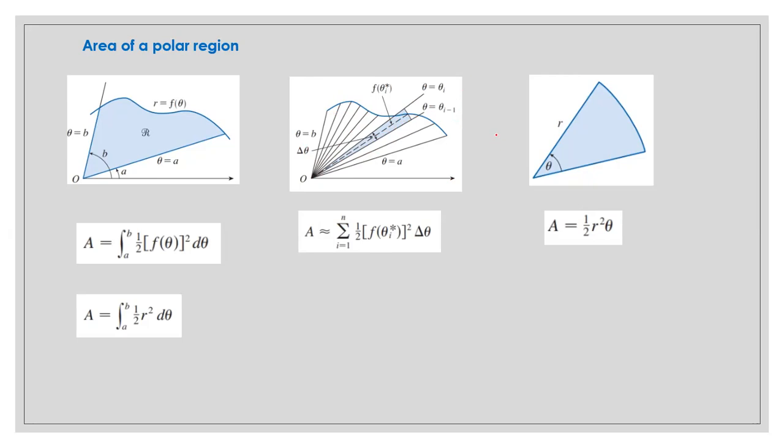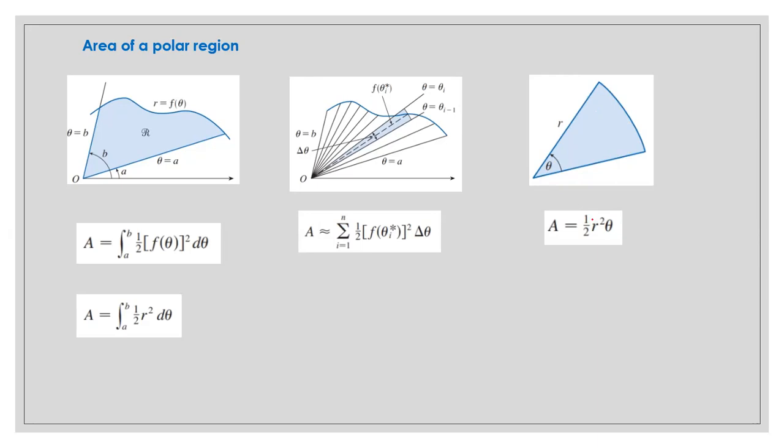Let's go back to our basic geometry. If I have a sector of a circle, the area of this sector is related to pi r squared. It's 1/2 r squared theta, where theta is the angle in radians.